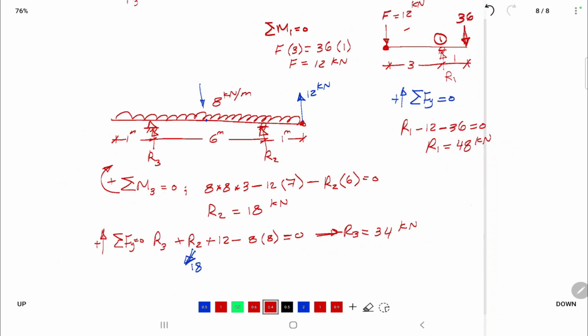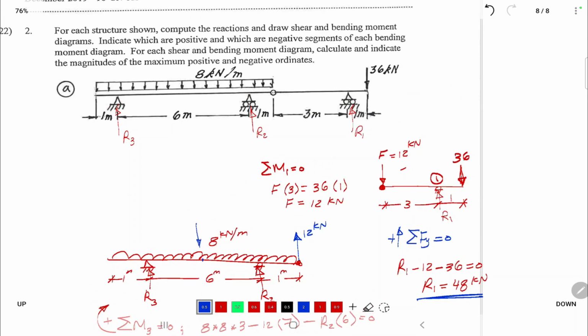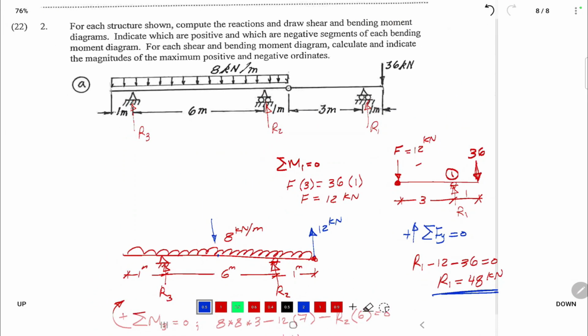Okay, so now I have computed R1, R2, and R3. The next step is to draw the shear and bending moment diagrams.